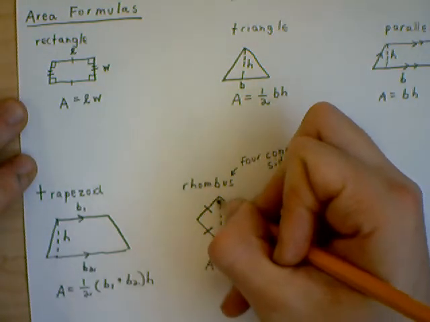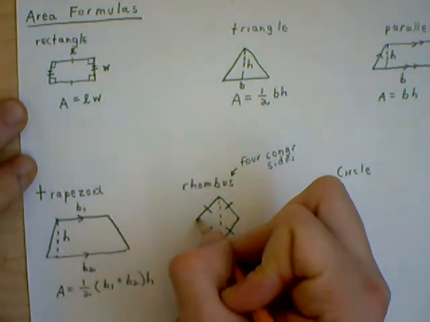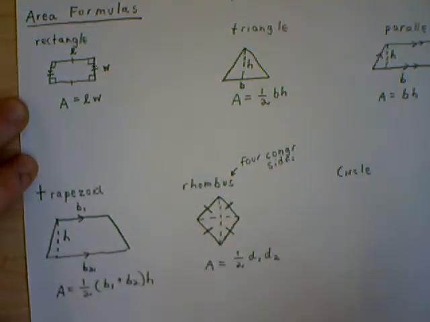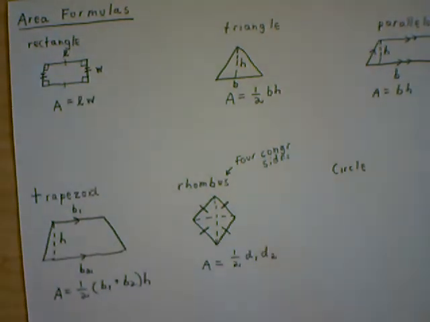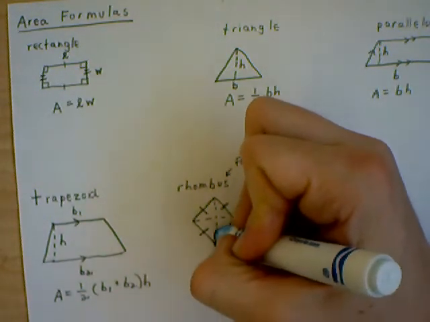this is my first diagonal from vertex to vertex. This is my second diagonal. I'm going to get a marker real quick to highlight those. So here is diagonal 1.